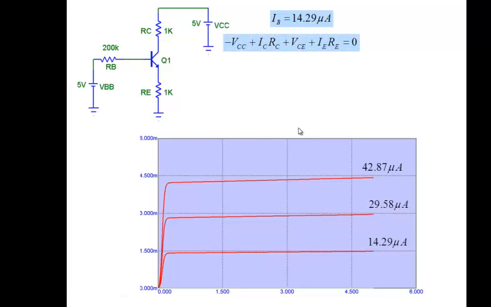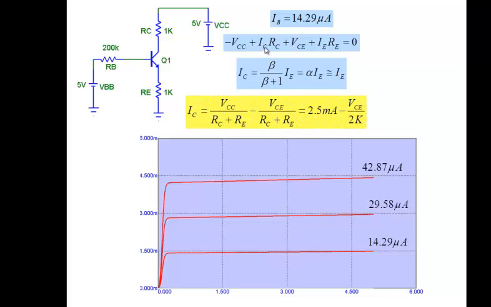Okay, so look at that here. Suppose I take this loop, KVL, I can write -VCC + ICRC + VCE + IERE = 0. That's the loop starting from here and going back to here. IC is equal to beta by beta plus 1 times IE, approximately IE. Many times we take it as this in forward active mode.